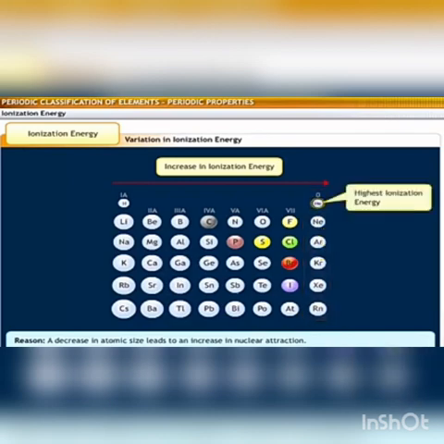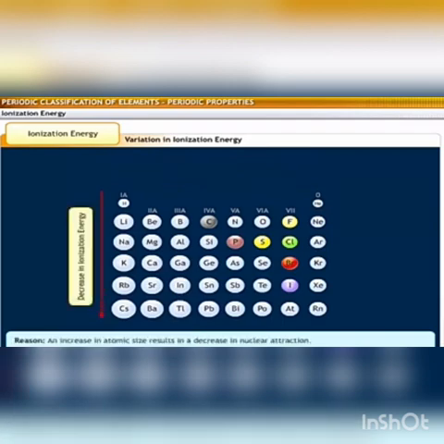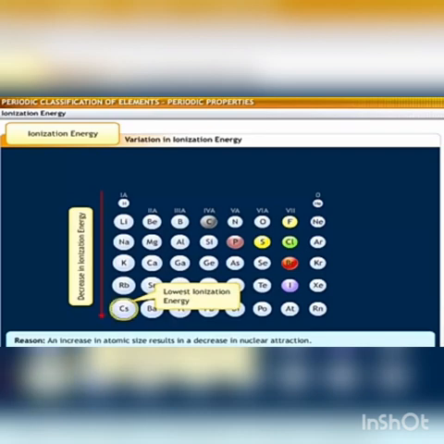Helium has the highest ionization energy in the periodic table. Down a group, the ionization energy decreases due to an increase in atomic size. In the periodic table, alkali metals possess low ionization energies. Cesium, an alkali metal, has the lowest ionization energy.